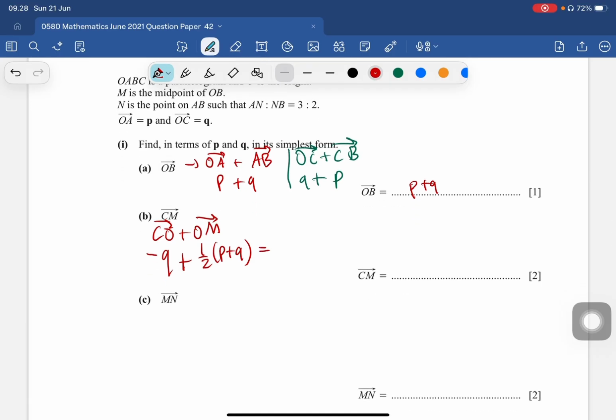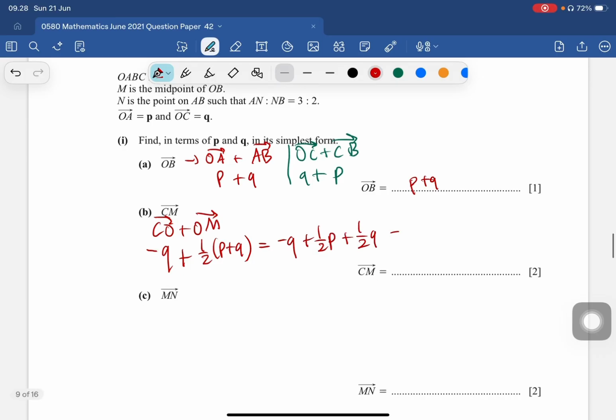So we expand: negative q plus a half p plus a half q. So CM we got a half p, and then negative 1 over 2 q. So we got a half p minus a half q.